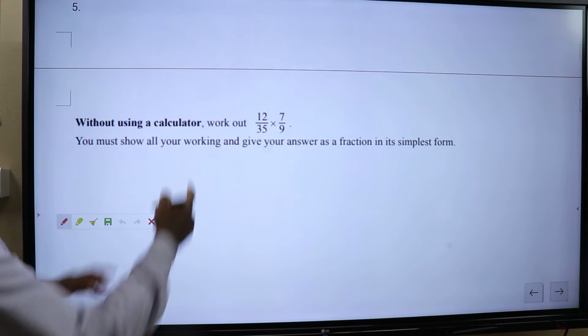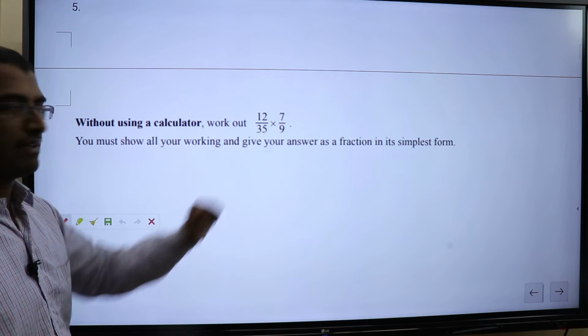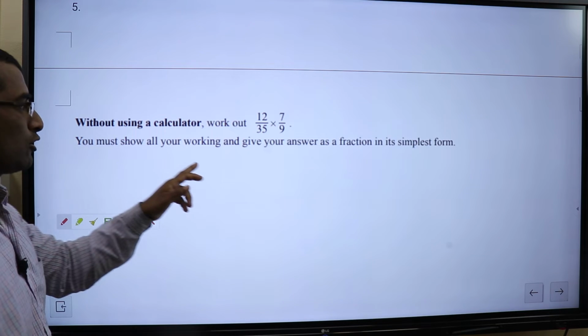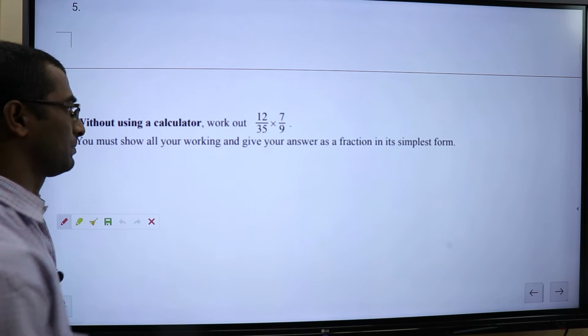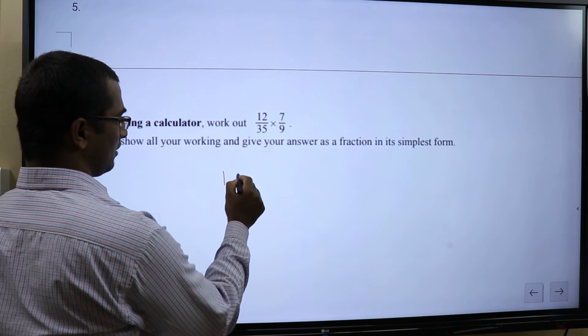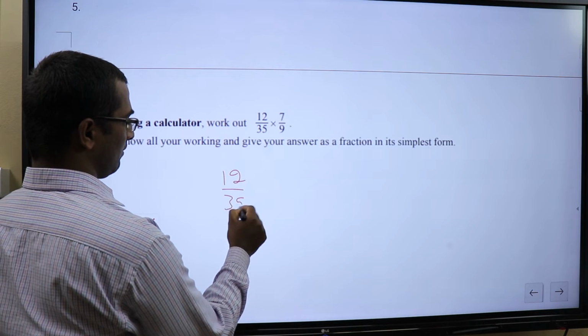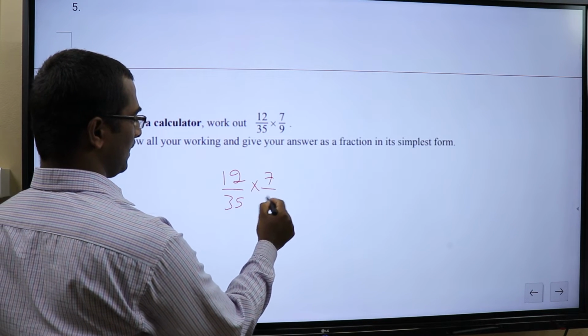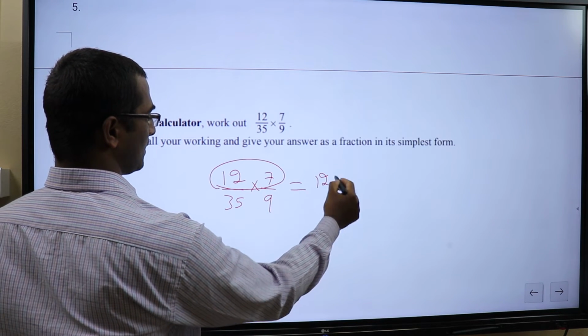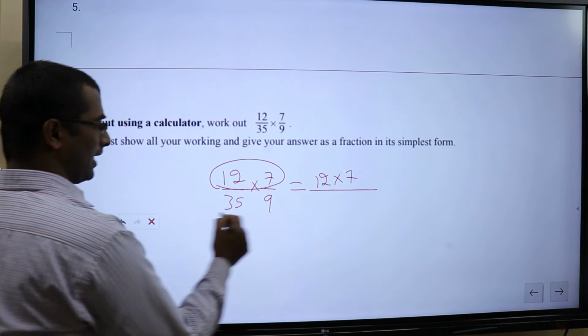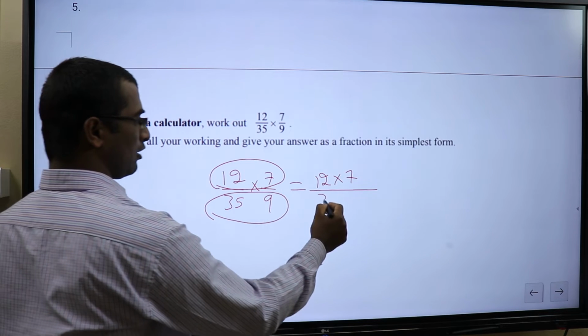Without using a calculator, work out 12/35 × 7/9. You must show all your working and give your answer as a fraction in its simplest form. Here I can do directly 12/35 × 7/9. Numerators multiplication in the numerator itself and denominators multiplication in the denominator.